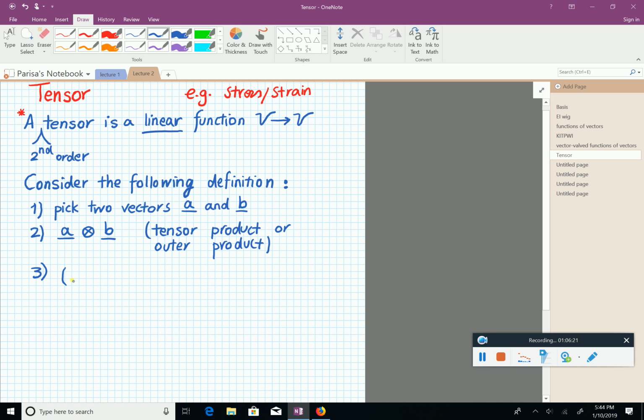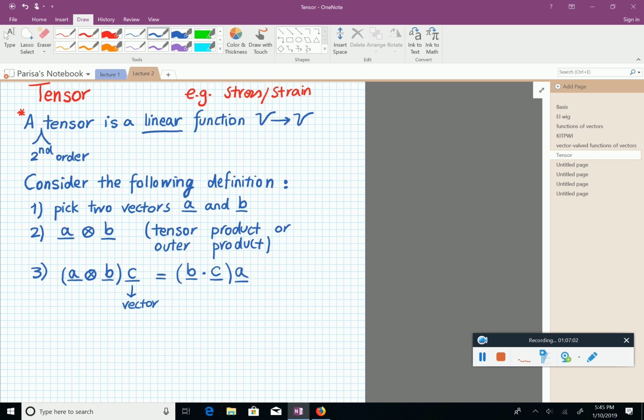This product is defined as follows. The action of A tensor B on a vector C, that's a tensor acting on a vector, is equal to B dot C, that's a dot product, gives you a scalar, times A.